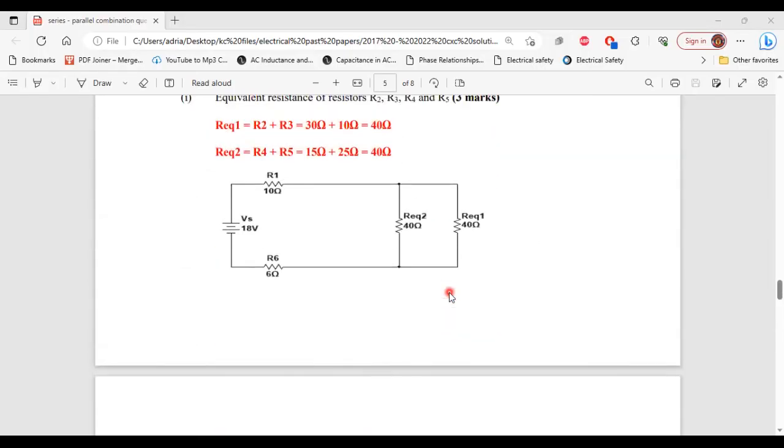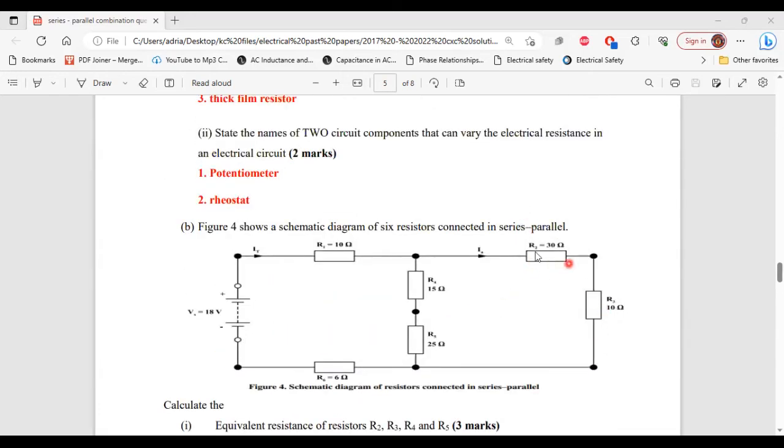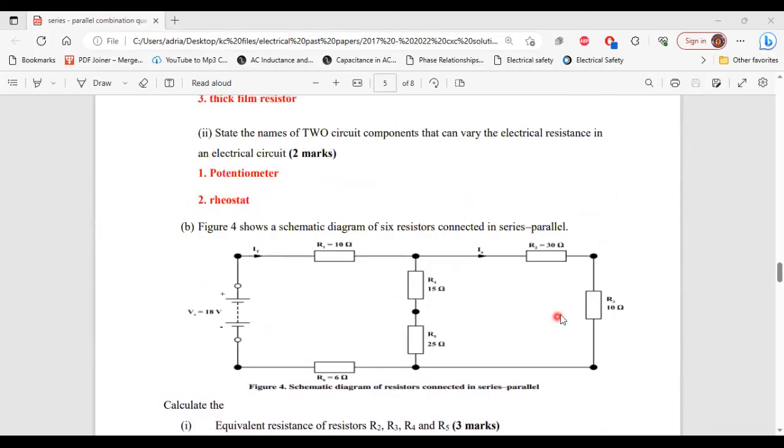So the current that is flowing through REQ1 here is 0.25 ampere. So because this resistor is the equivalent of these two resistors in series, whatever the current that is flowing through this resistor, it is the same current that is flowing through these two resistors. So it means that the value for IA is 0.25 ampere.